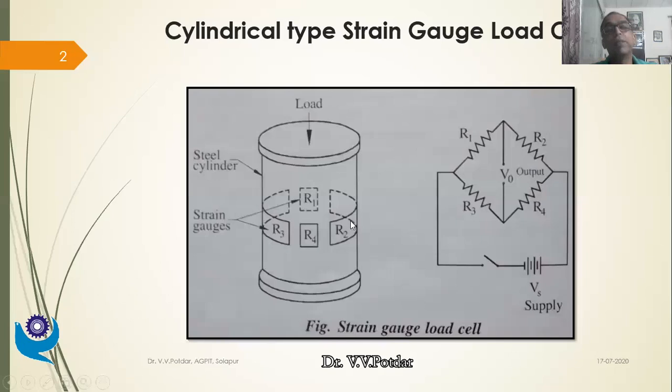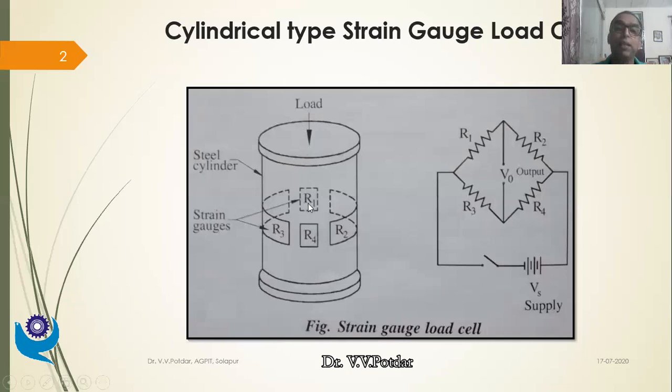Because of expansion of the circumferential surface, these strain gauges will be subjected to an increase in length. When there is an increase in length, there will be an increase in resistance, isn't it? So R2 and R3 will be subjected to plus delta R, and R1 and R4 will be subjected to minus delta R. We are talking about compressive strain, isn't it?